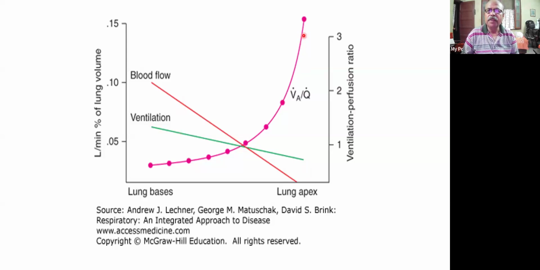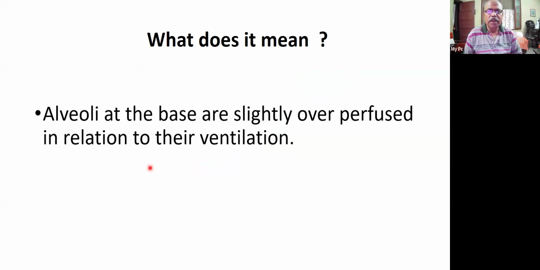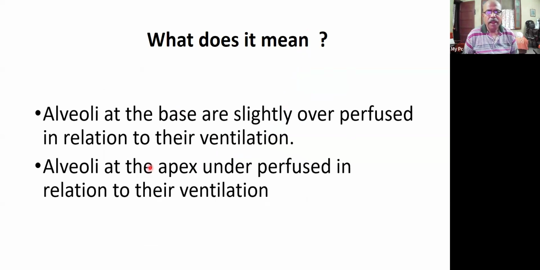So if we take the VQ ratio curve, you can see from the apex it is around 3, and it comes towards the 0.6 value at the base of the lung. So what does it mean? The alveoli at the base are slightly over-perfused in relation to their ventilation, and alveoli at the apex are under-perfused in relation to their ventilation. That is the thing to be understood.